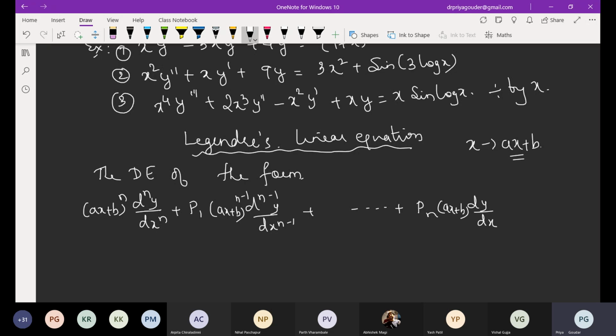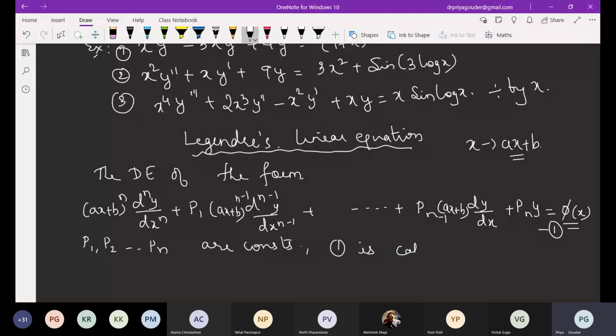Then there is a term, you can say this is Pn minus 1 and this is Pn y is equal to some phi of x. Okay, so again same thing. What are P1, P2 and Pn? They are all constants, and phi of x is obviously a function of x only. Let me call it equation 1.